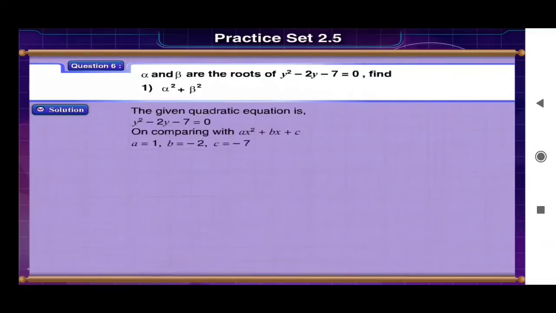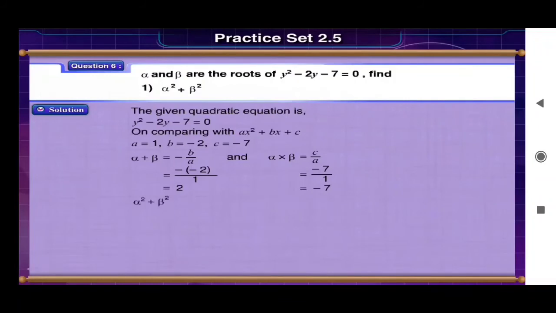Therefore, alpha plus beta is equal to minus b upon a, that is equal to minus of -2 upon 1, which is equal to 2. Therefore, alpha into beta, which is equal to c upon a, is equal to -7 upon 1, that is equal to -7. 1.